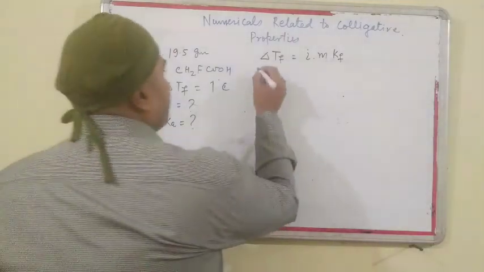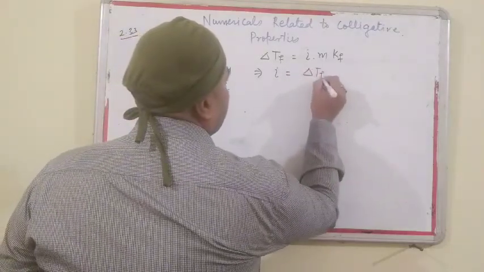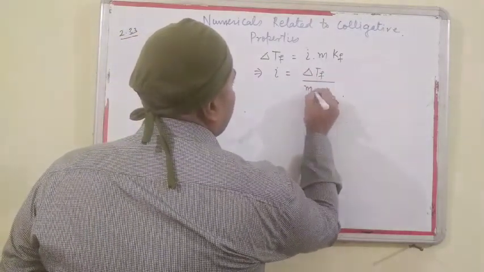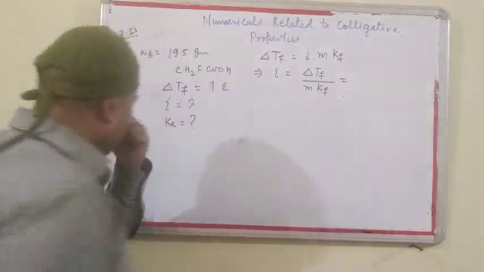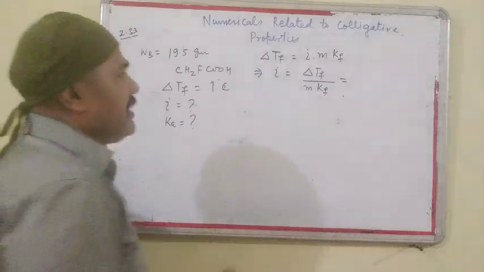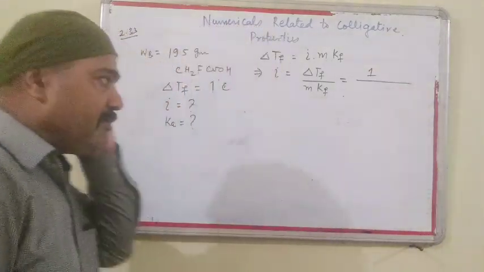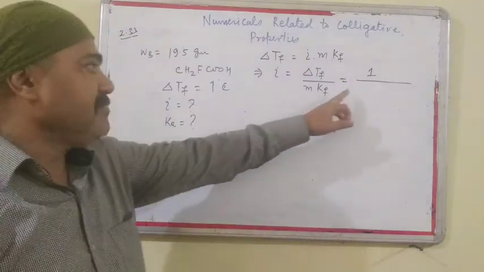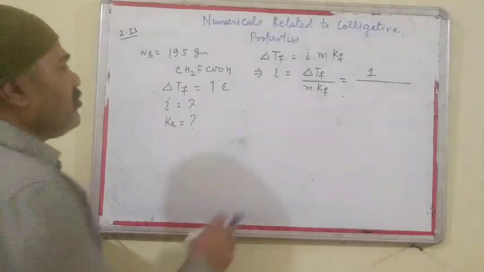And to find the value of iota, we can write del TF upon MKF. Is it clear? So I am going to put the value in place of del TF. I have written 1. Now the molality.